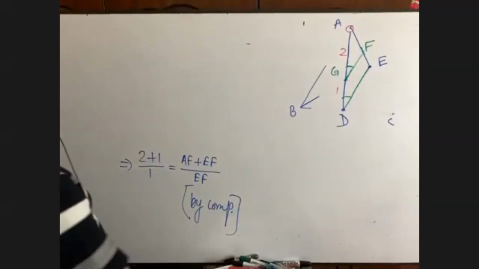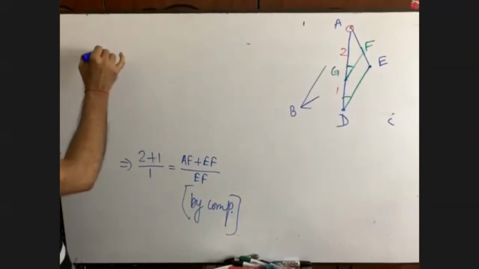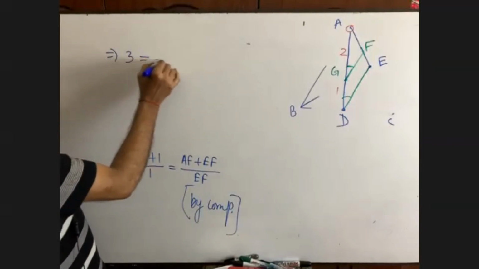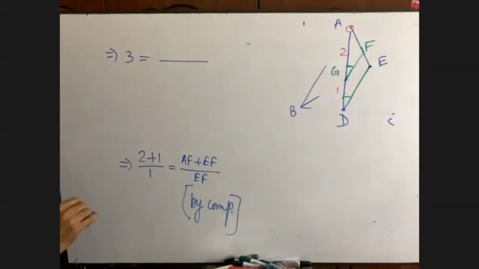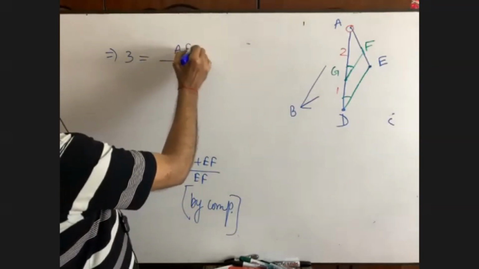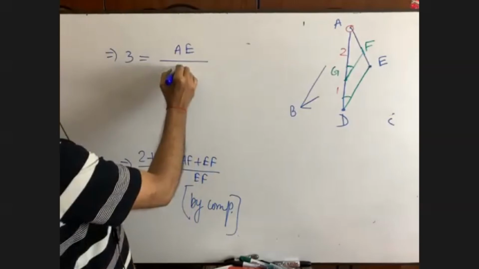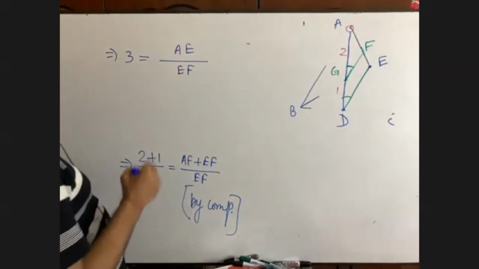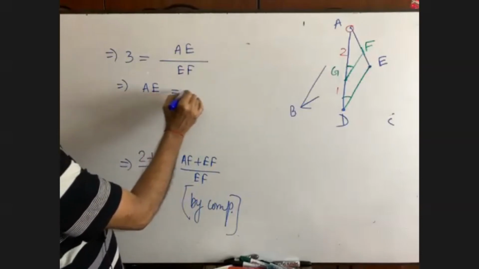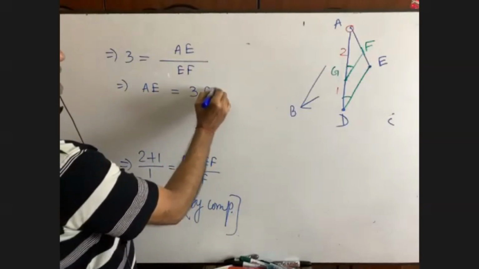After that, what should be written? It is 3 by 1, that is 3. Now look at the figure. AF plus EF equals to AE by EF. That is, we are getting here AE equals to 3 EF, right?